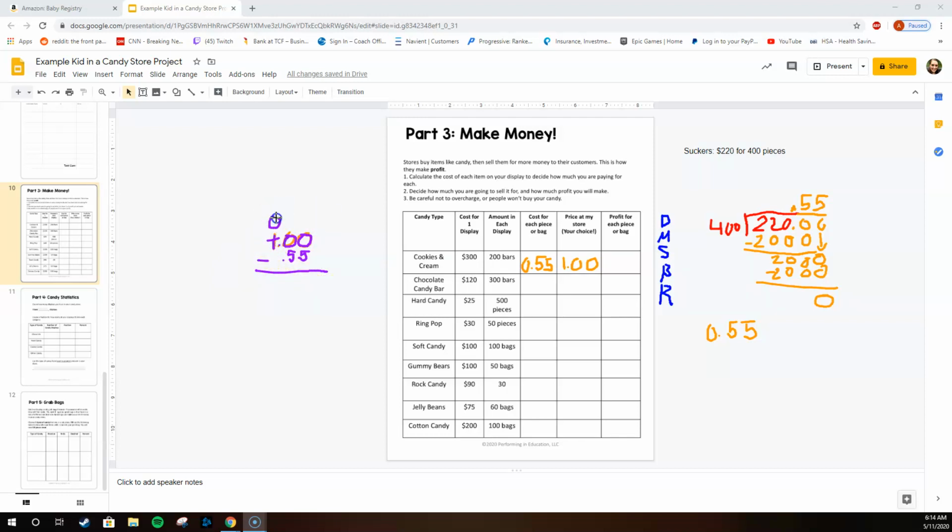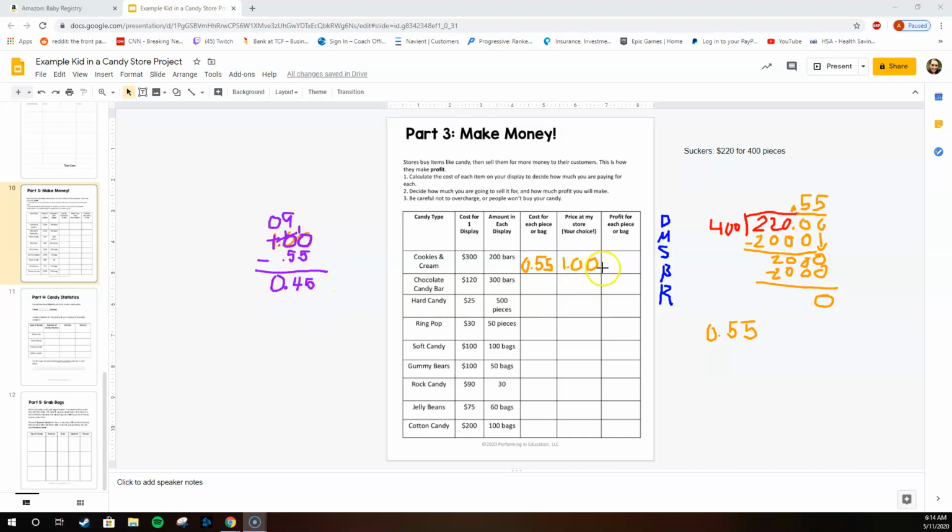So I have to regroup. So that becomes 0, that becomes 10. Regroup again, that becomes 9. This becomes 10. So 10 minus 5 is 5, and 9 minus 5 is 4. Don't forget our decimal.